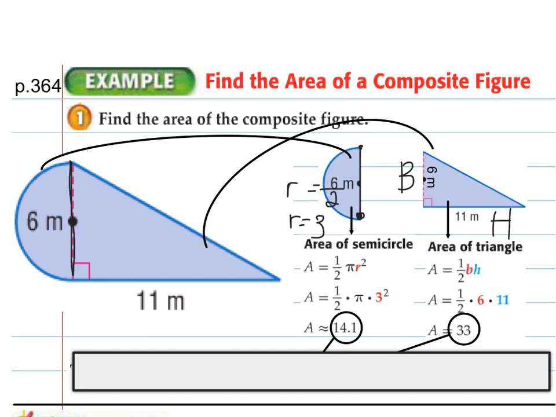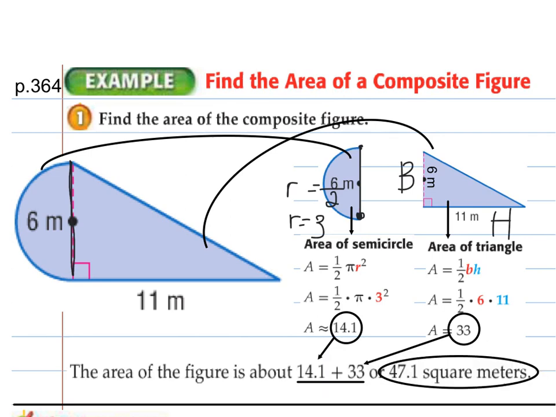Plugging that in, we're going to have 1/2 times 6 times 11, which gives us 33. So to find the total area of the composite figure, we're going to add the area of the semicircle to the area of the triangle. When we do that, the area of the figure is 14 and 1/10 plus 33, or 47 and 1/10 square meters.